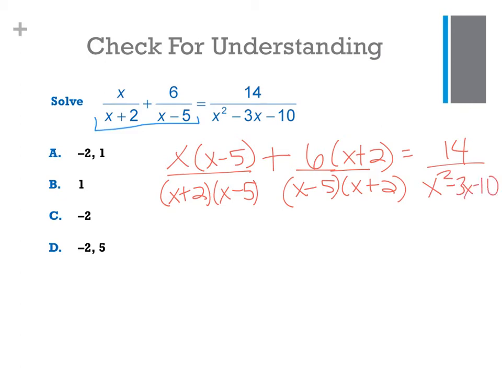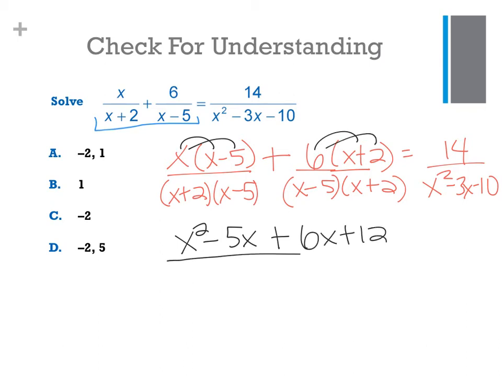And if I'm looking at this problem, I'm going to start by multiplying the numerator. So I'm going to distribute that x to get x squared minus 5x plus, I'm going to distribute the 6 here. I'm going to get 6x plus 12 all over a denominator. If I FOIL this and FOIL this, they're going to be the same.